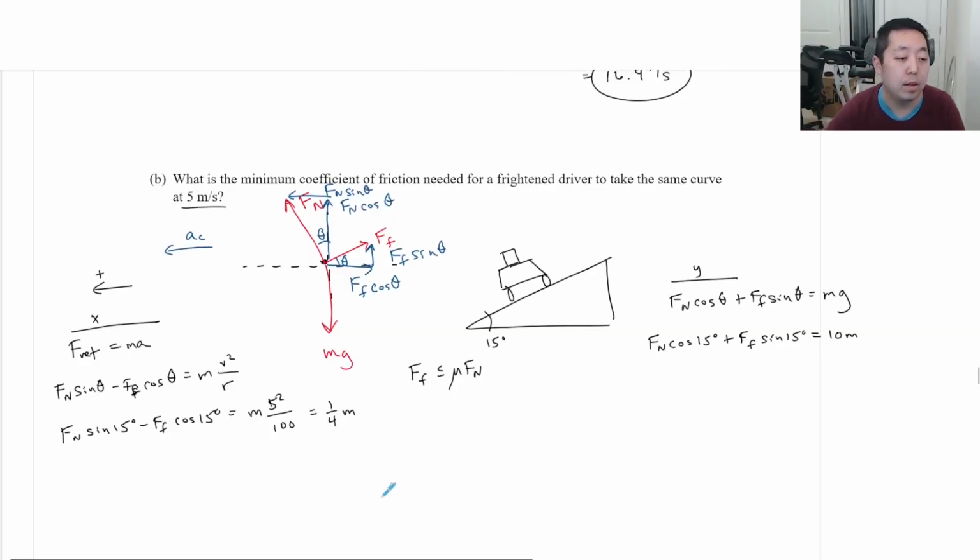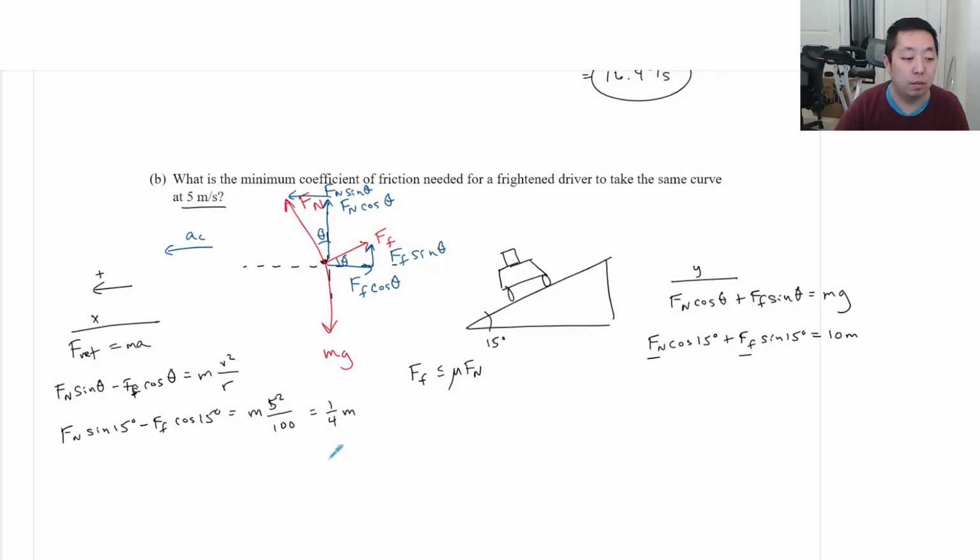Okay? So I want to ultimately solve this system of equations. I want to find force of friction in terms of Fn or something like that, right? So it's a little tricky on this one. You could try to isolate one variable and then plug it in. It gets pretty messy though, because the two unknowns are really force of friction and the normal force, right?